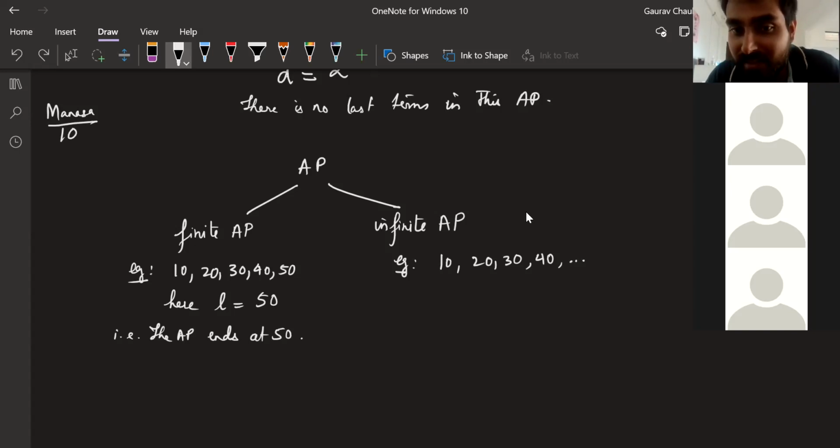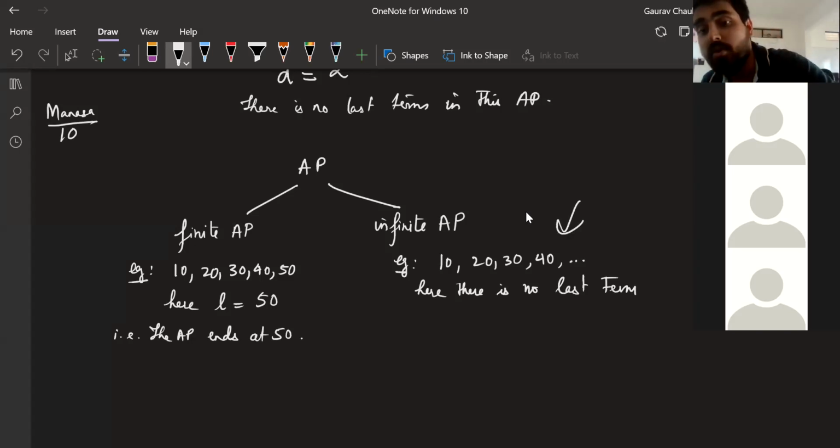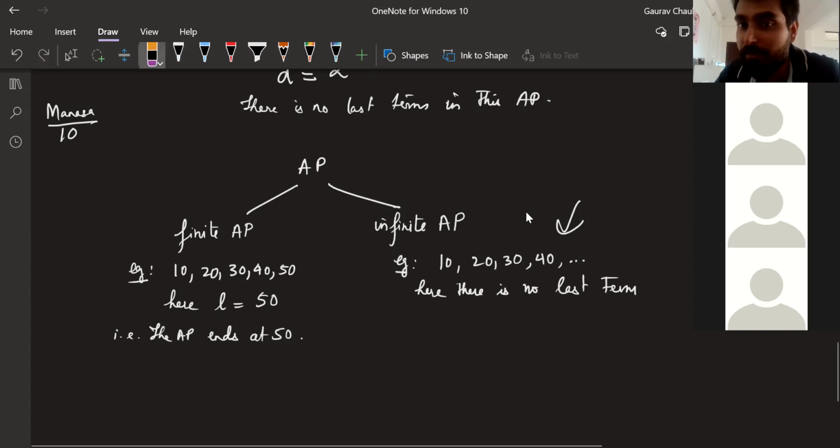So what does this mean? Here, there is no last term. If I ask you what is the 100th term of this AP, you will find it. If I ask you the 999th term, you will find it. If I ask you the 1 millionth term, you will find it, because some number will be in that position in this AP.